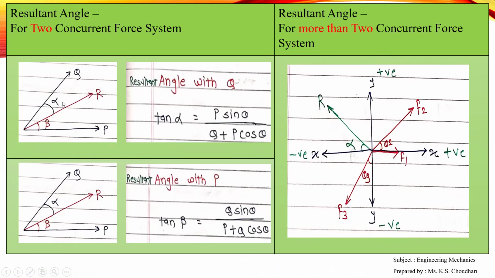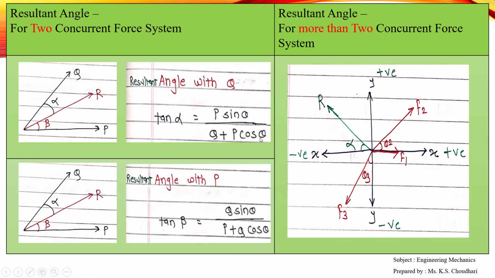To find out the value of alpha, the formula is tan alpha equals P sin theta divided by Q plus P cos theta.